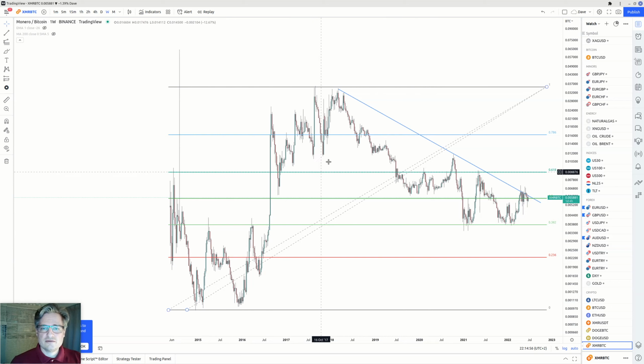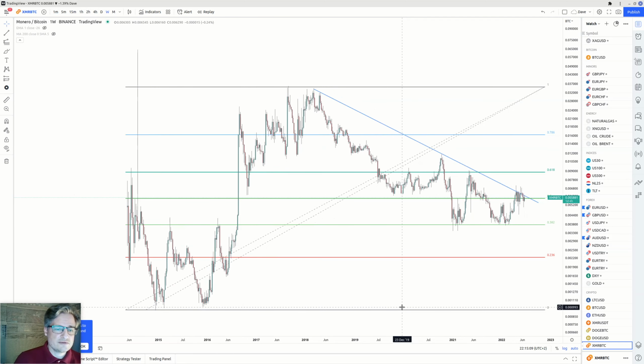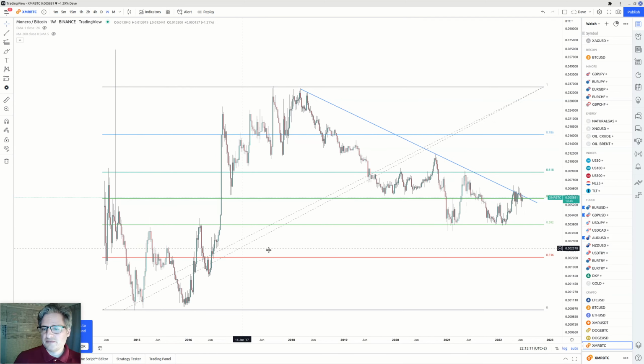So it's been overvalued, Monero against Bitcoin, and now it's, I would say, at fair value, and it had been here undervalued. So that's one way of looking at it. If you want to compare it to Bitcoin, you could say that at this moment it's at fair value with Bitcoin. So I suggest you do your own research into Monero and don't take this as financial advice, but this is just my view.